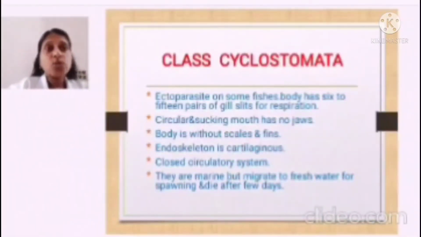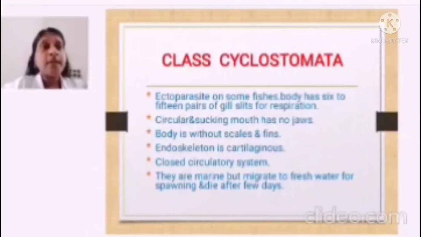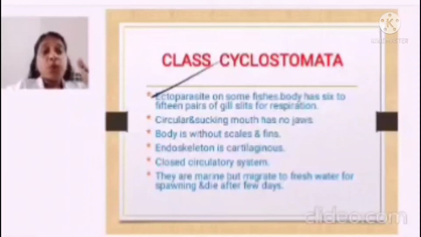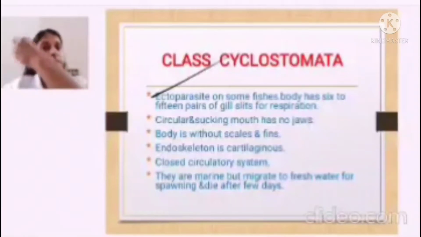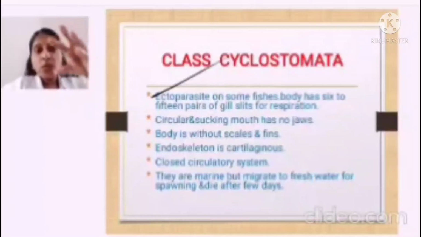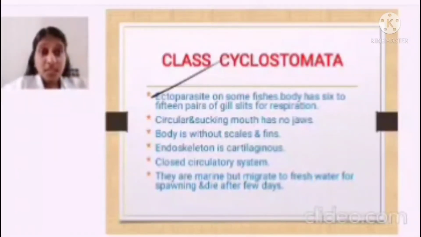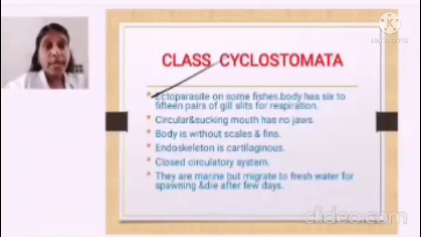Class Cyclostomata. It comes under Agnatha. Now, ectoparasite. What do you mean by the term ectoparasite? They live outside the organism, taking food from outside, sucking things from the host body. That we call an ectoparasite.